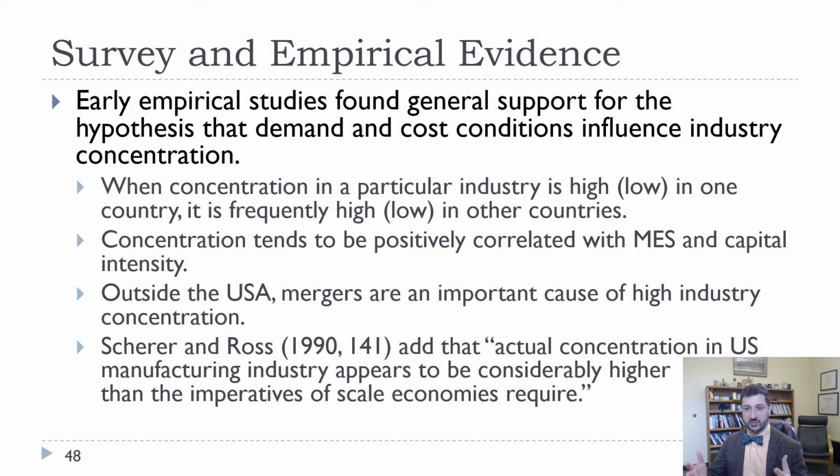So if the minimum efficient scale is high, right, so we have that downward sloping average cost curve, then we'll have a more concentrated industry. Outside the US, mergers are an important cause of high industry concentration. I think that might be more true within the US in the last 10 to 20 years as well. We think about the fact that T-Mobile and Sprint are being allowed to merge right now.